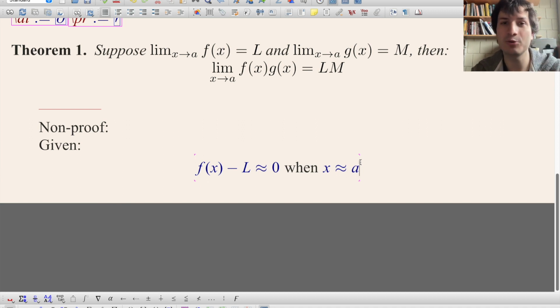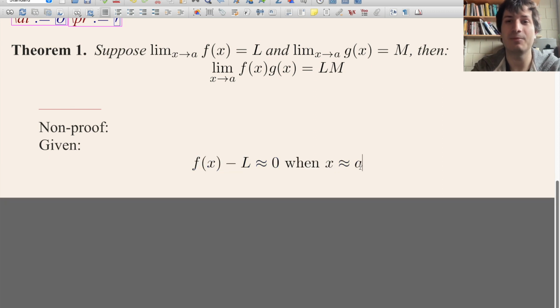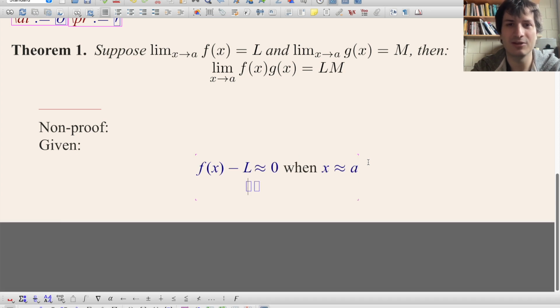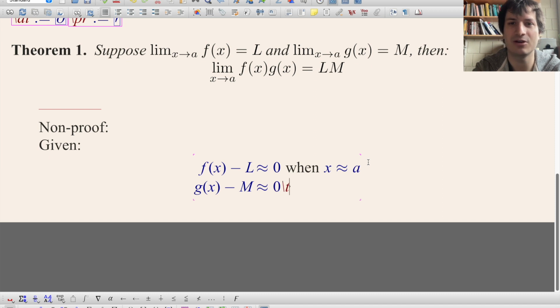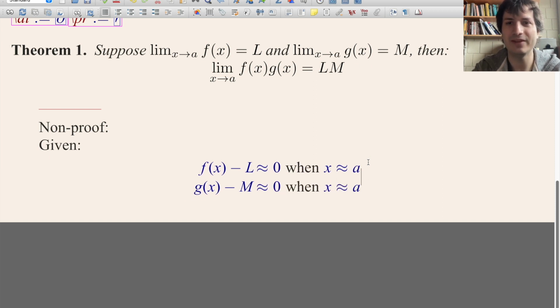And of course, when we go to prove it, this approximately 0 is going to say absolute value of this is less than epsilon, and this approximately a is going to say absolute value of x minus a is less than delta. But fundamentally, this is what this limit means. That's the first thing we're given. And then the other thing we're given is that g of x minus m is approximately 0 when x is approximately a. This is what these limits mean.